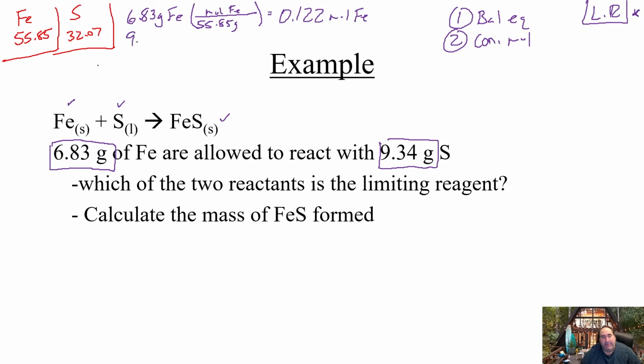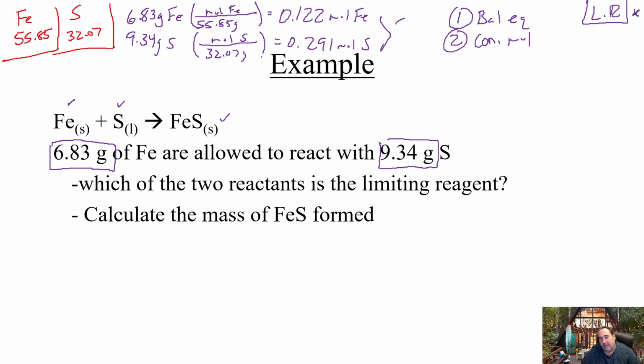We're going to do a similar calculation here for sulfur. We've got 9.34 grams of sulfur. Using the molar mass from the periodic table, a little 32.07 action for sulfur, we'll go 9.34 divided by 32.07, and we get 0.291 moles of sulfur.